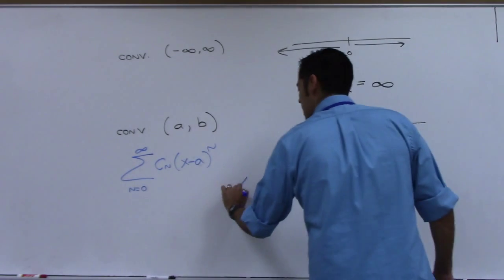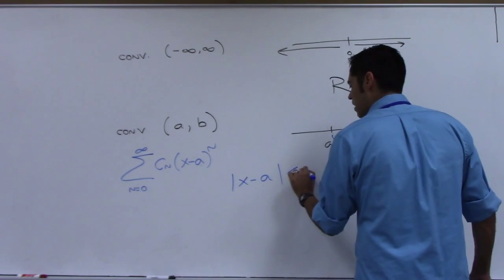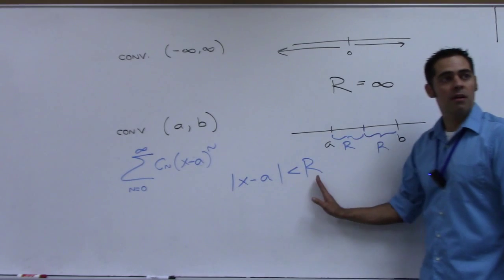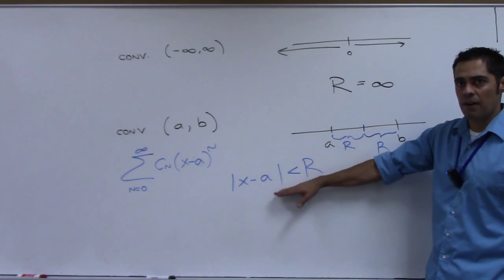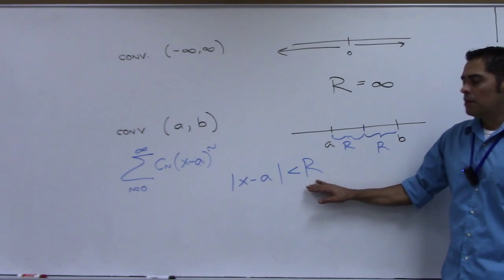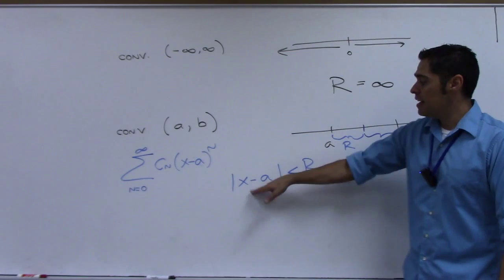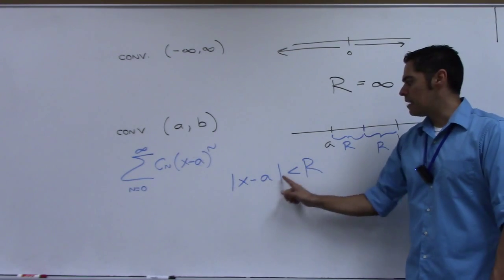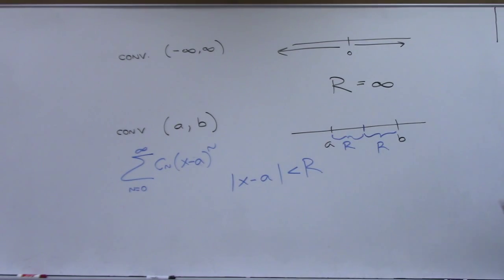The x minus a part in absolute value is less than capital R. This is where the capital R comes from. Now, you'll have to work for it, as we'll see in a second. This inequality is going to come from the ratio test usually, and it's usually going to be less than 1. But we'll just have to work through some for now.